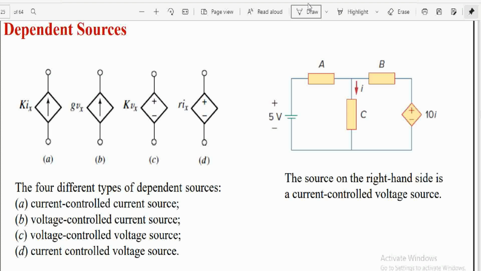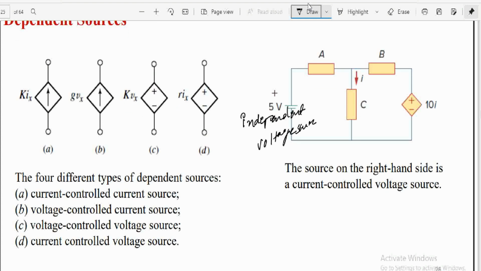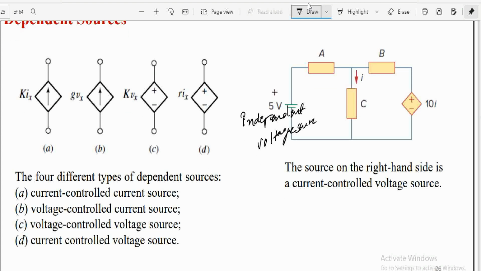current controlled voltage source. Now, on the right hand side, you have some circuit. This is an independent voltage source, and these are resistors, passive elements. Inside this symbol you have a voltage, so basically it is a voltage source.